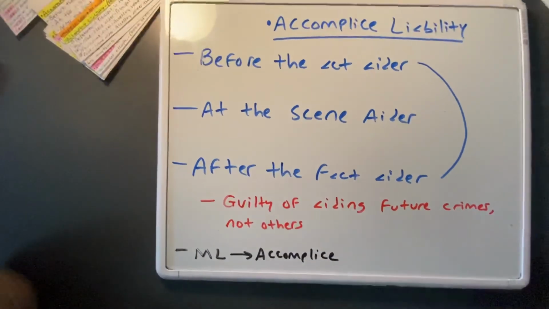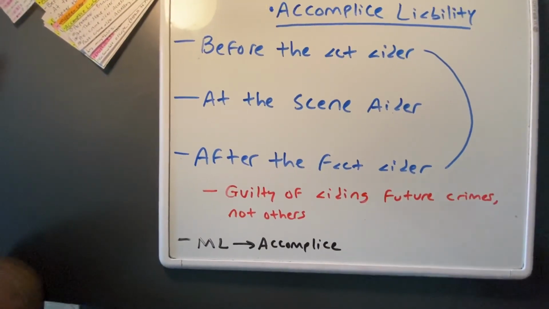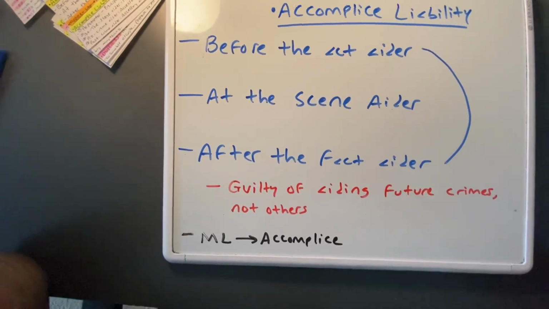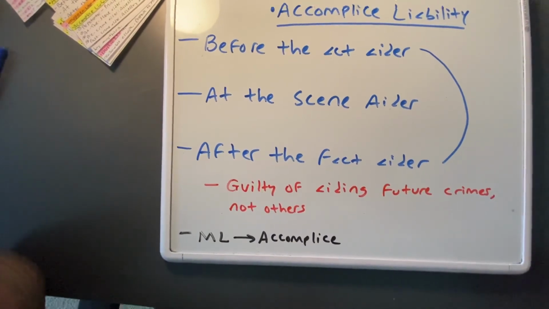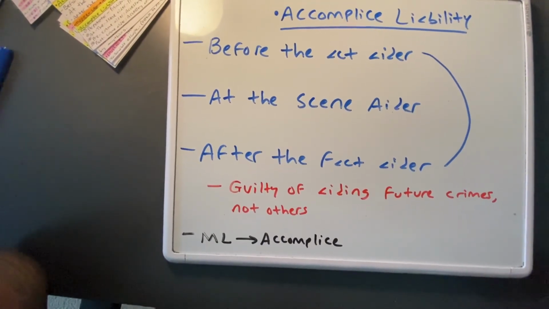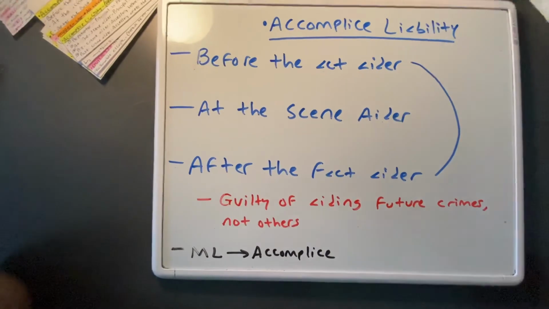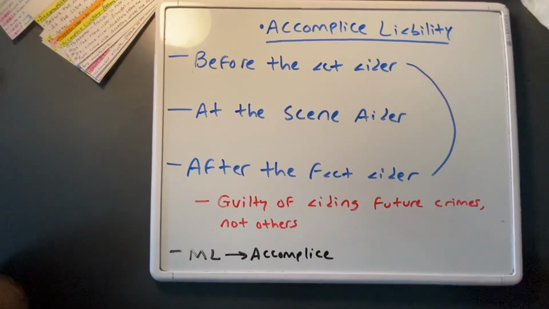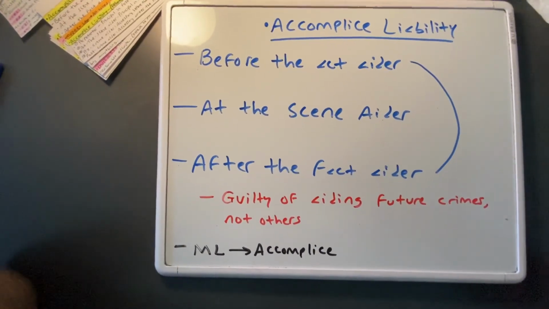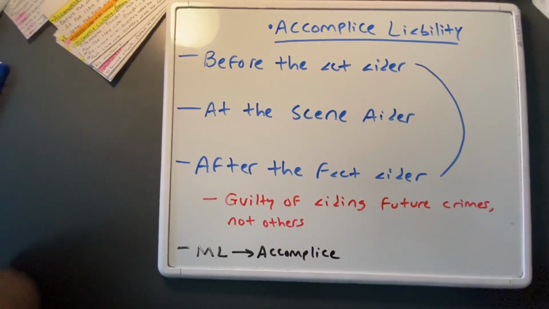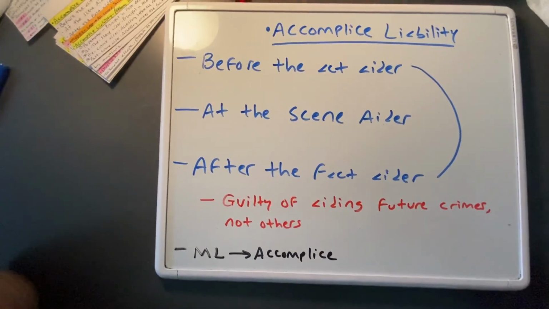So remember, under the common law, there are before the act, at the scene, and after the fact aiders. Before the fact is when someone helps another before the crime is committed. Remember, Israel helping Riley commit a homicide by placing the gun at his bedside before Riley commits the crime.